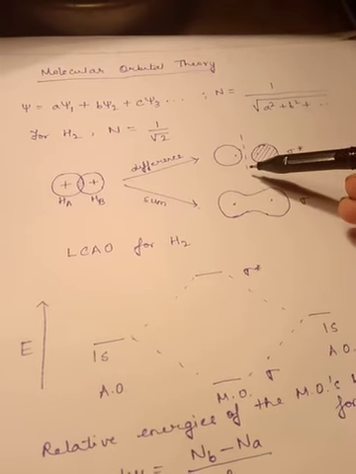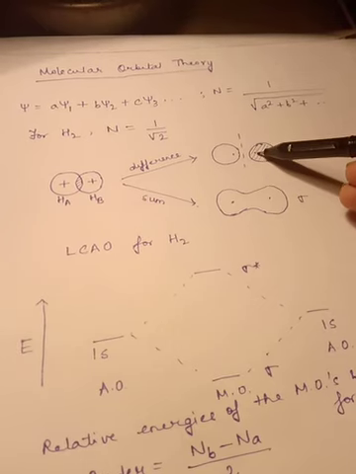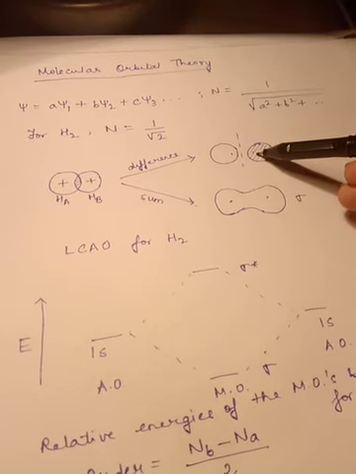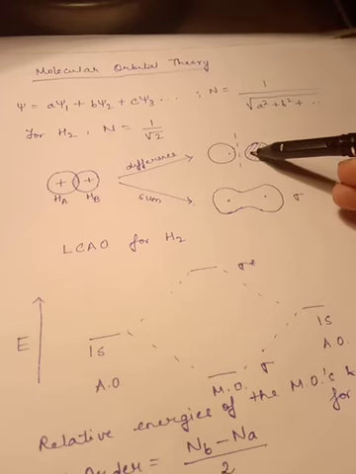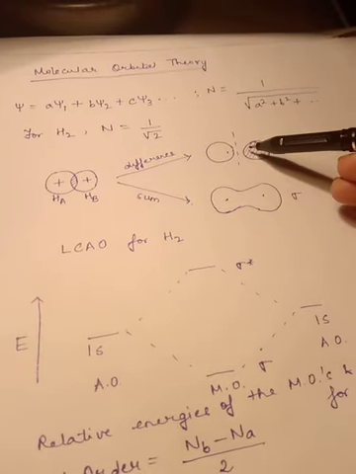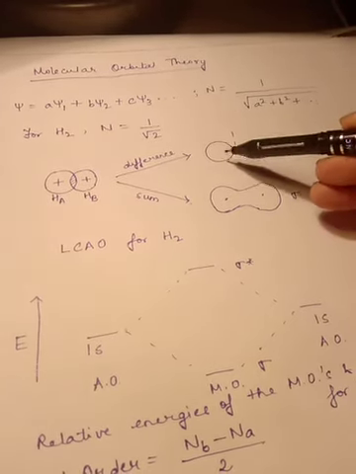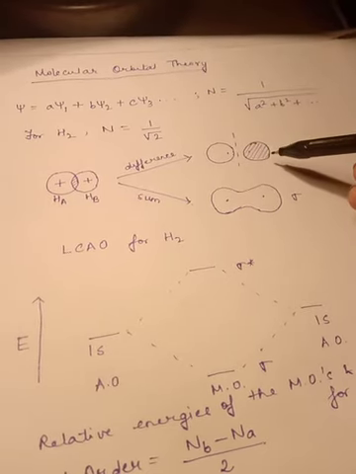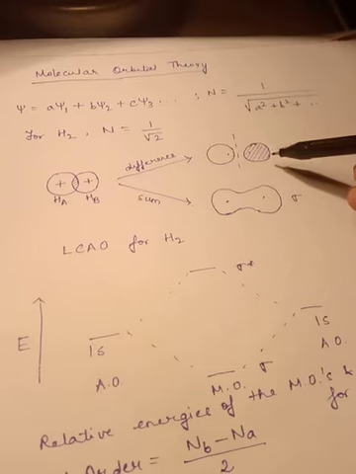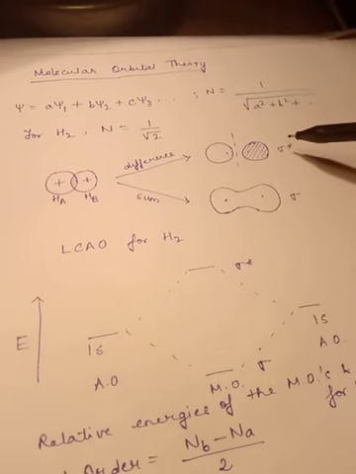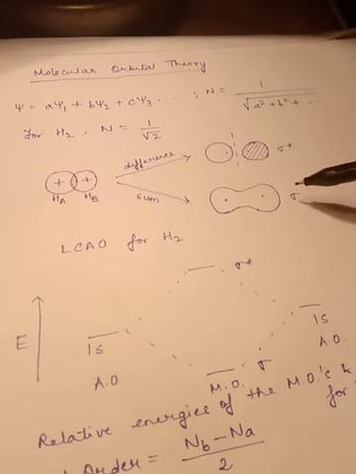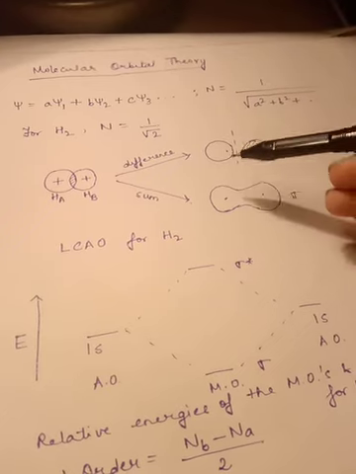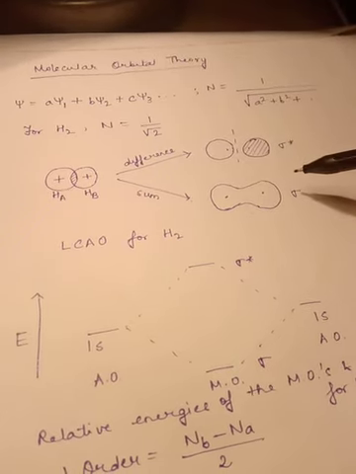If there is a nodal plane, then these two nuclei are not shielded at all. That is, they are facing towards each other and they are going to repel each other more. So the system overall gets destabilized. This is also in keeping with the molecular orbital postulates, which state that the antibonding MO is of higher energy than the bonding MO. So this is the LCAO for dihydrogen.